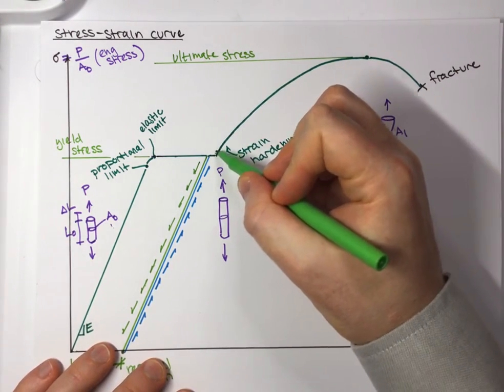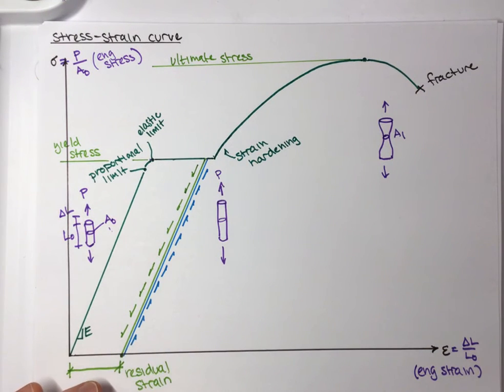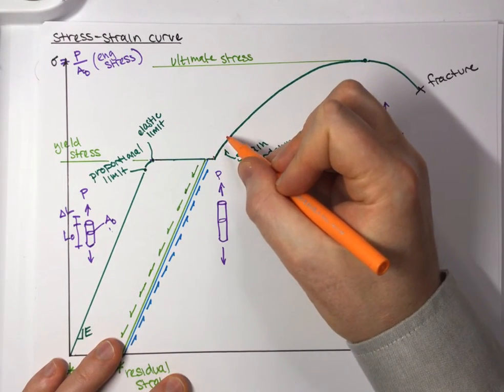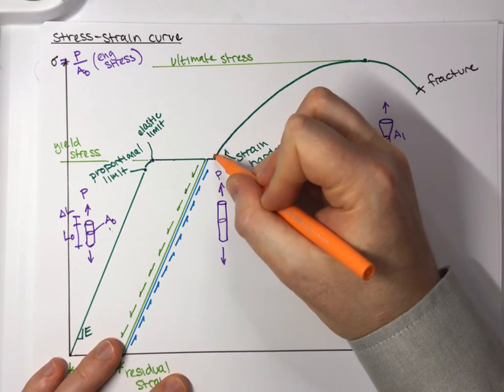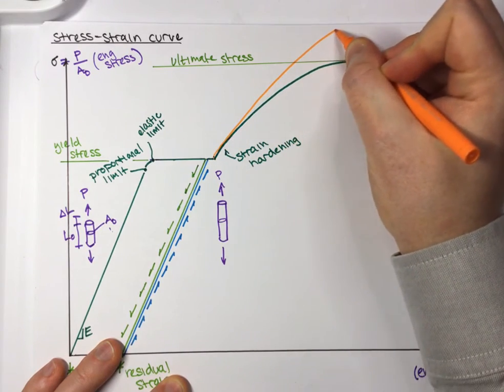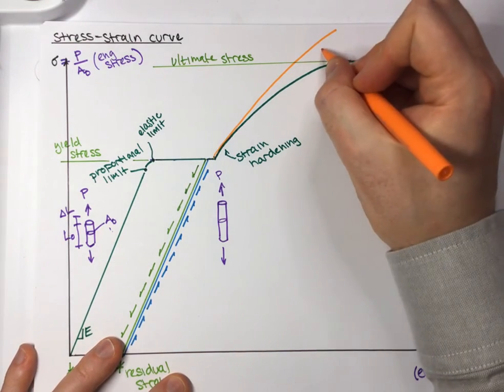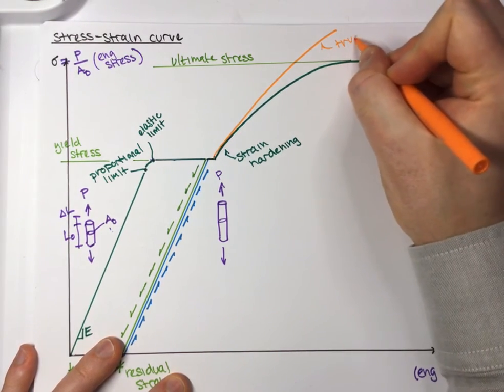And the true stress diagram, if I could draw it, would be off the page in this case, so I will do that. It's going to come up, it's going to follow this line for the most part, but then at some point it's going to diverge, and it's going to keep going up, up, up, up, off the page until fracture. So this up here would be our true stress diagram.